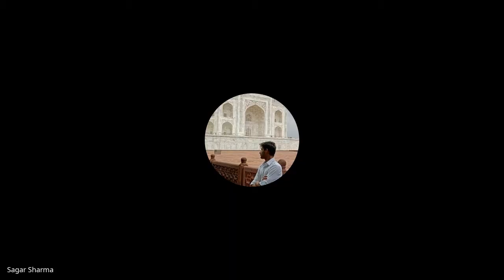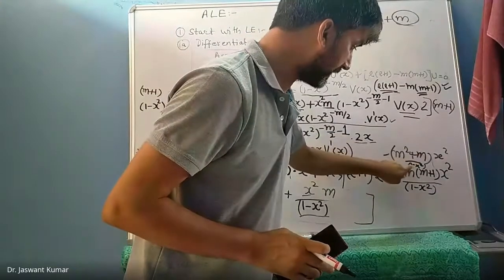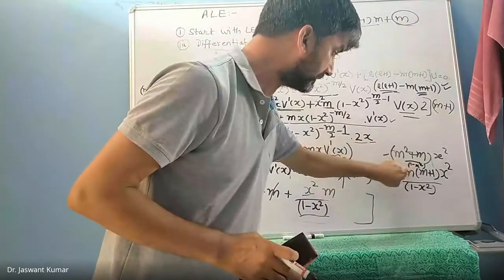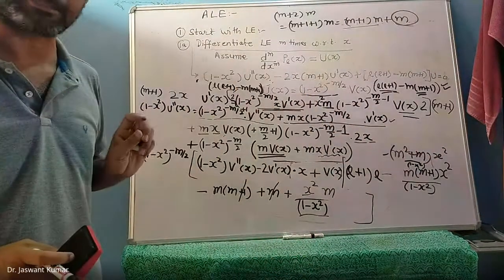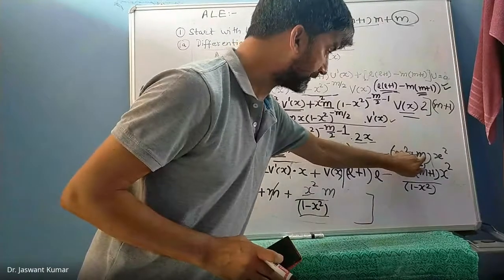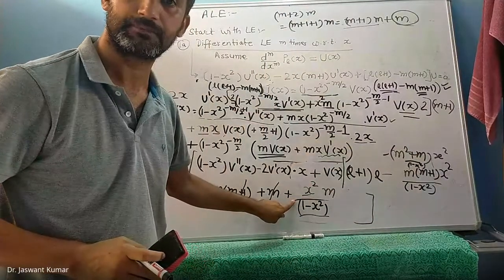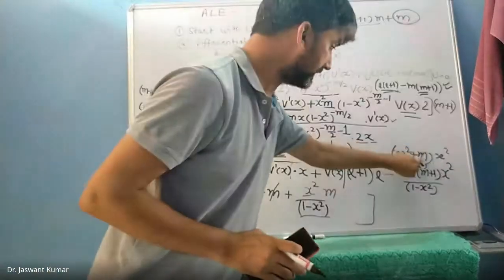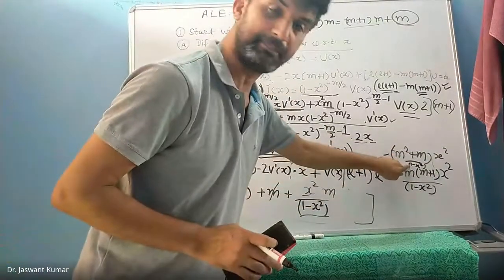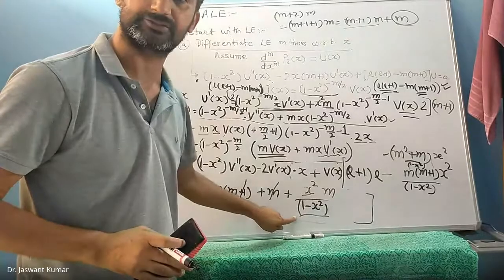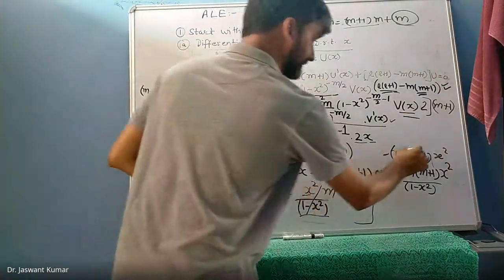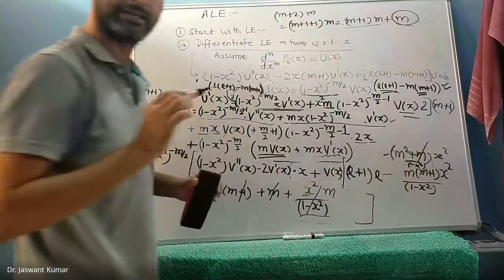From this m square plus m by 1 minus x square into x square, we only take the minus m by 1 minus x square term and combine this particular m with this particular m, which is plus m times x square over here divided by 1 minus x square. So this term gets cancelled by this plus m that is present over here.